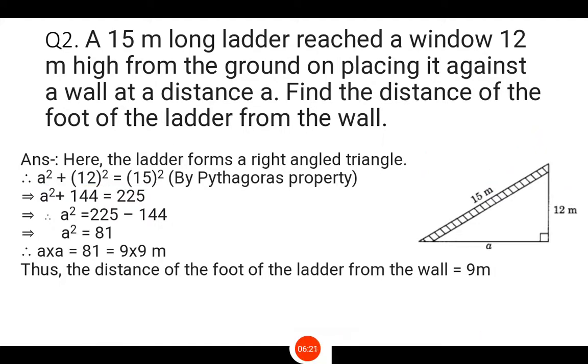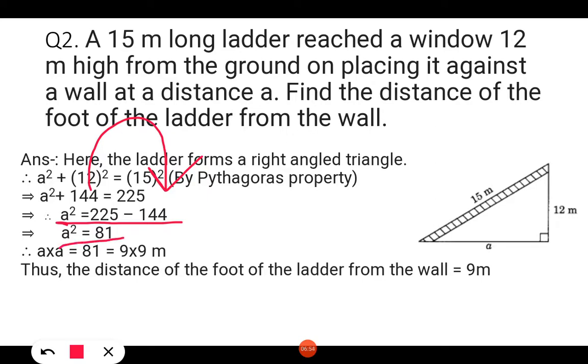Now square of 12 is 144 and square of 15 is 225. So we have a square plus 144 is equal to 225. Now transposing 144 to right hand side, we have a square is equal to 225 minus 144, and a square is equal to 81.